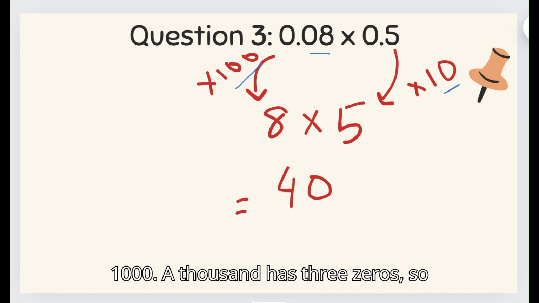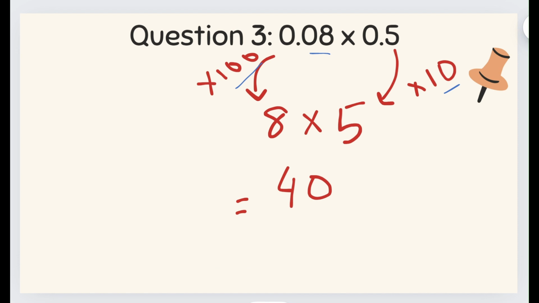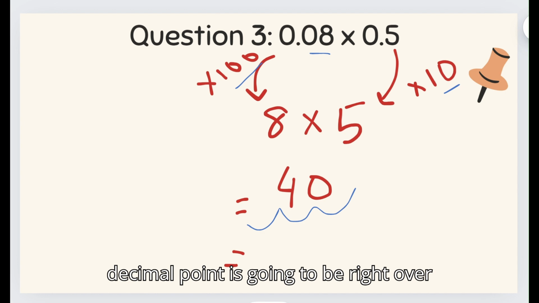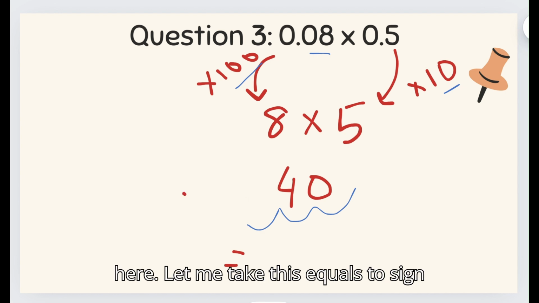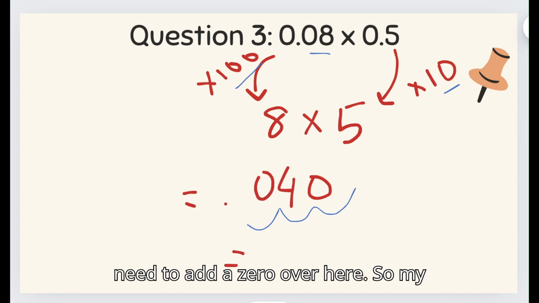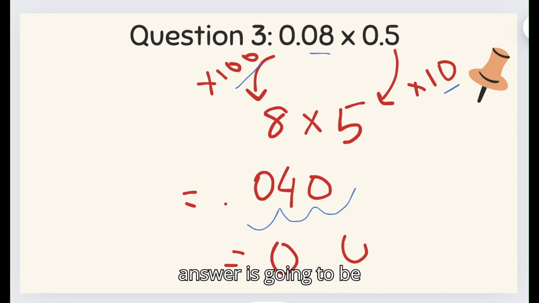1,000 has 3 zeros, so it means I'm going to take this decimal point 3 times back. So 1, 2, 3. That means my decimal point is going to be right over here. And that means I need to add a 0 over here. So my answer is going to be 0.040.